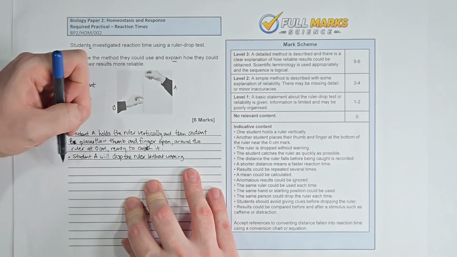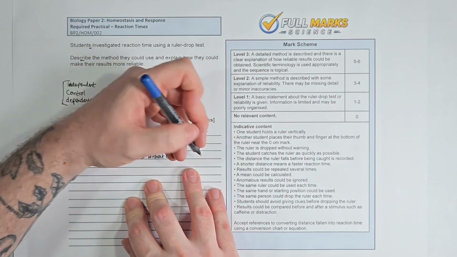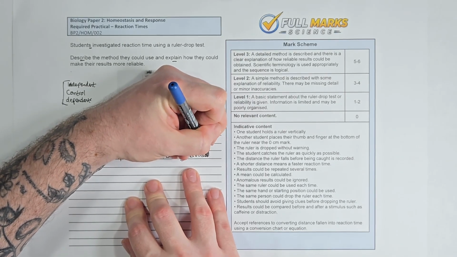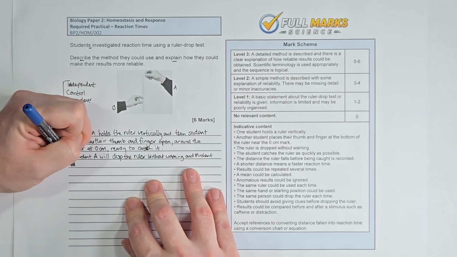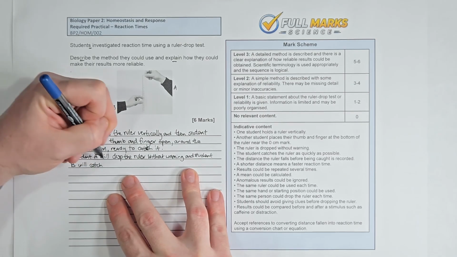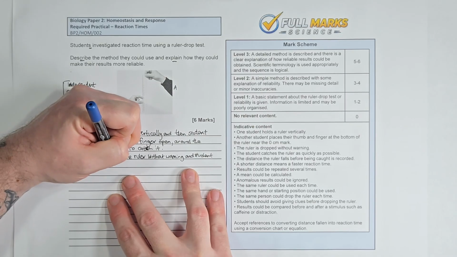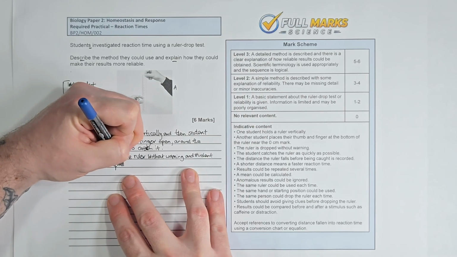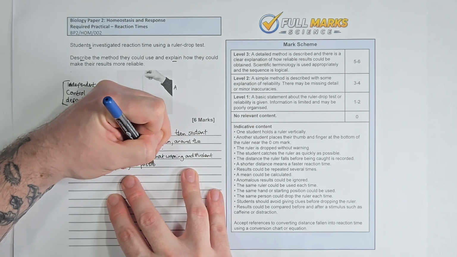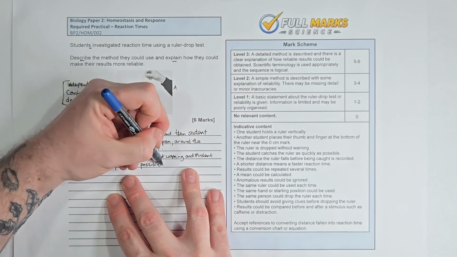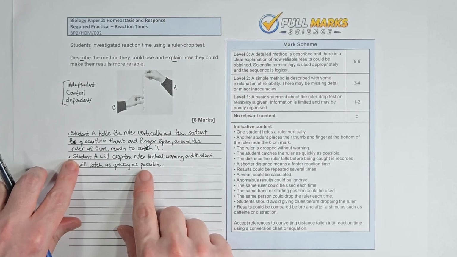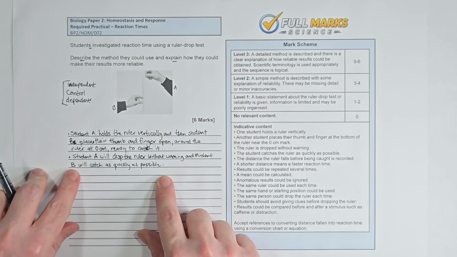And then we'll expand on this point. So student A drops the ruler without warning, and student B will catch it as quickly as possible.